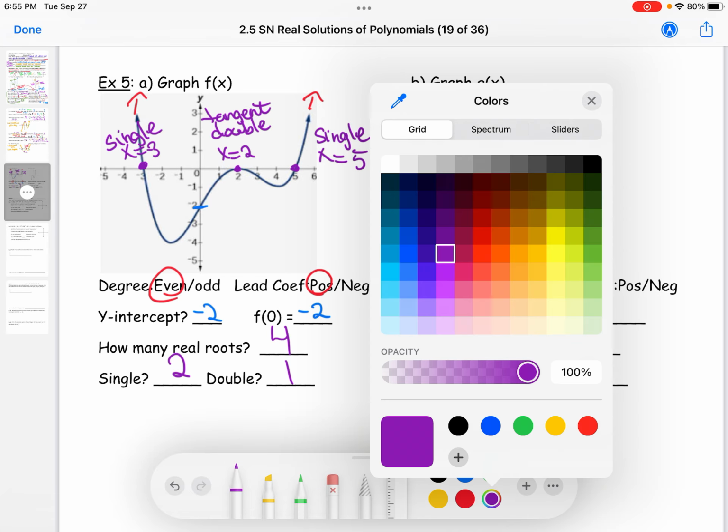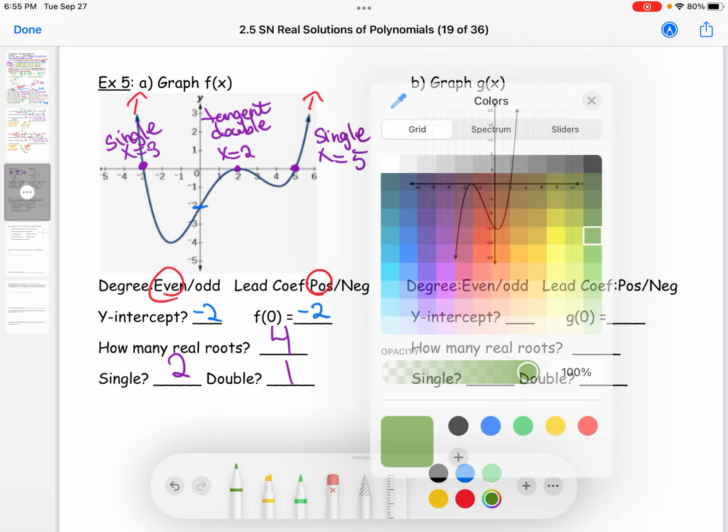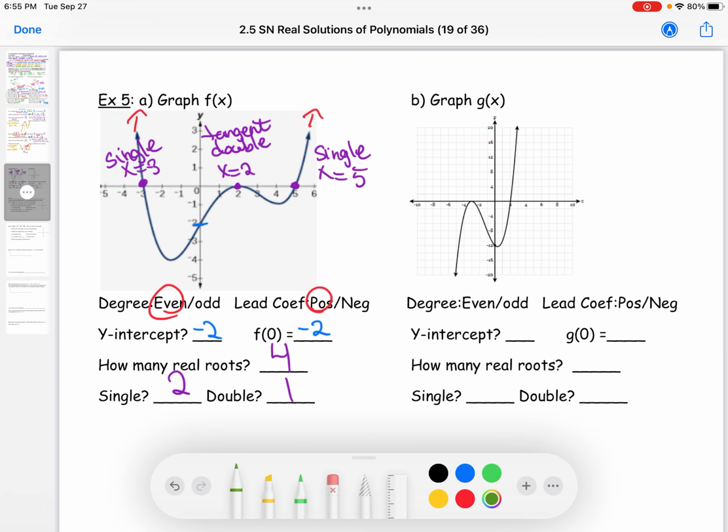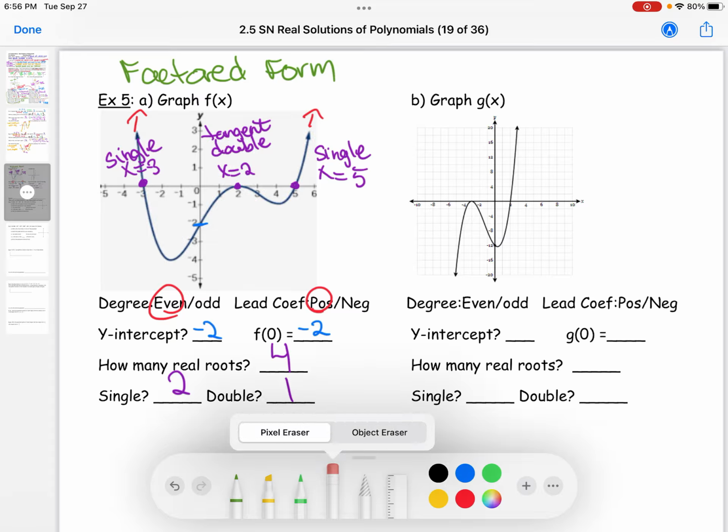Now, we want to write these equations in factored form.